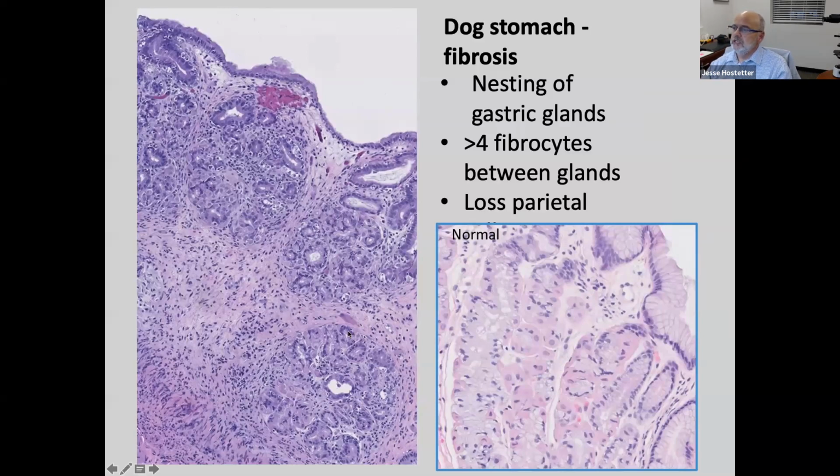I think you can see in this image of this inflamed stomach that we have multiple layers of fibrocytes between these glands. The other thing that it's done is it's nested the gastric glands. You can see these circular nests of remaining gastric glands. And to me, this looks for all the world like an endometrial biopsy in a horse with endometritis.